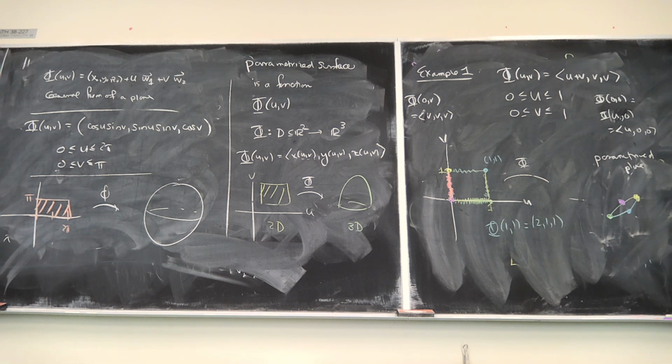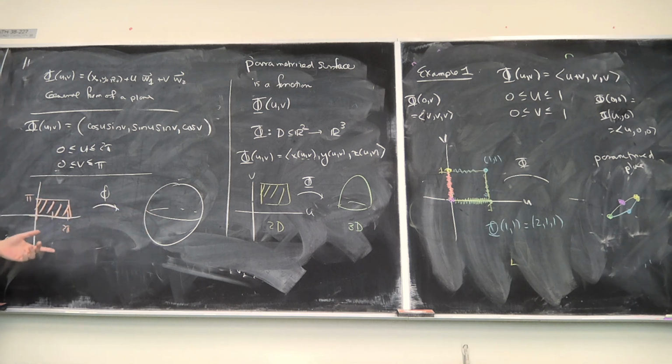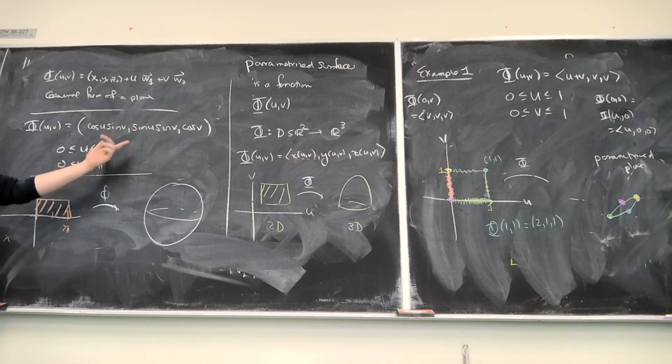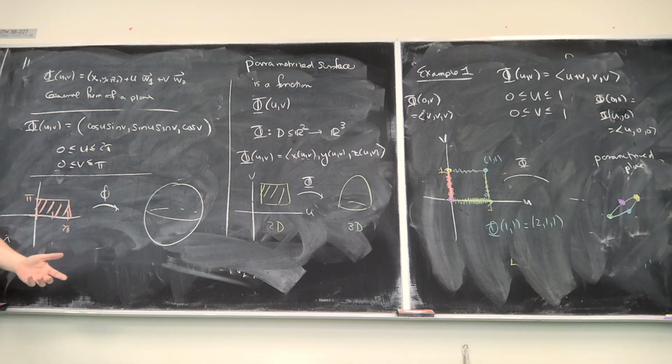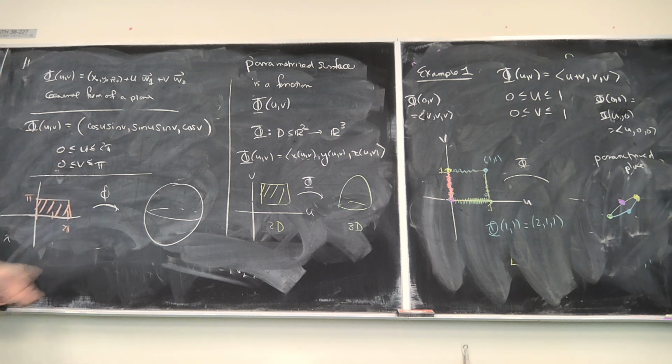So notice, the nice thing about this is I've taken something that in Euclidean or Cartesian coordinates is very difficult to work with, and I've made it essentially into the graph of a function. I've cheated. I've made the sphere into the graph of this map. And the fact that I did that is only possible essentially because the sphere is two-dimensional, so I could turn a two-dimensional thing into the sphere.